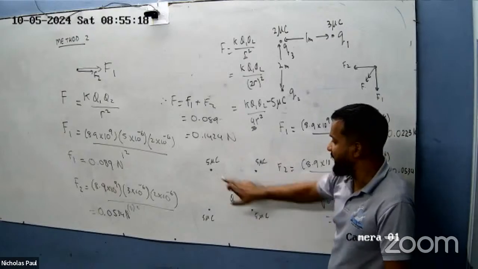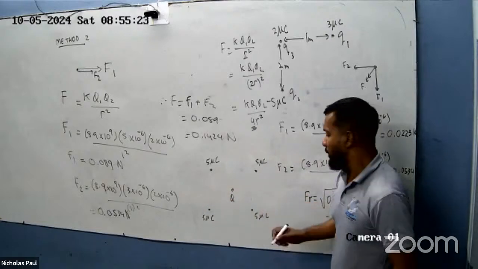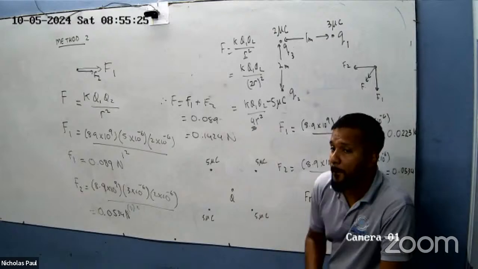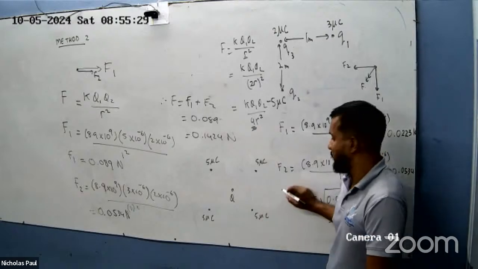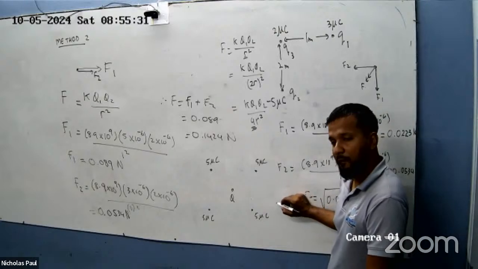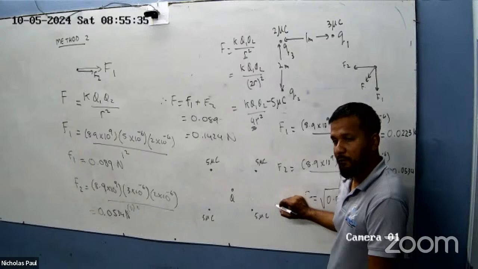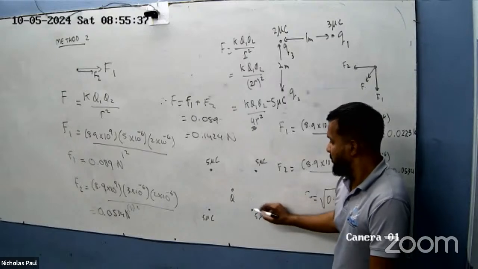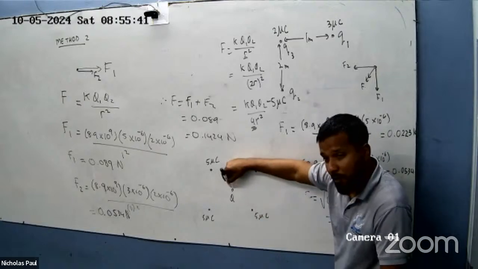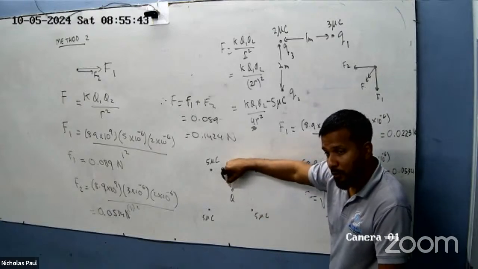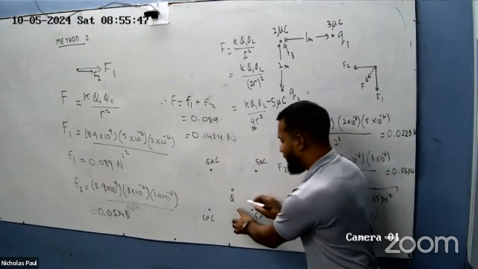All are the same force, right? It's a square. So you find the force due to this one first. Let's just say this is positive.